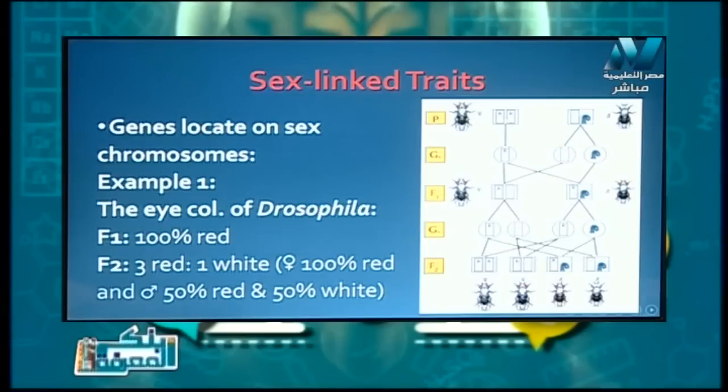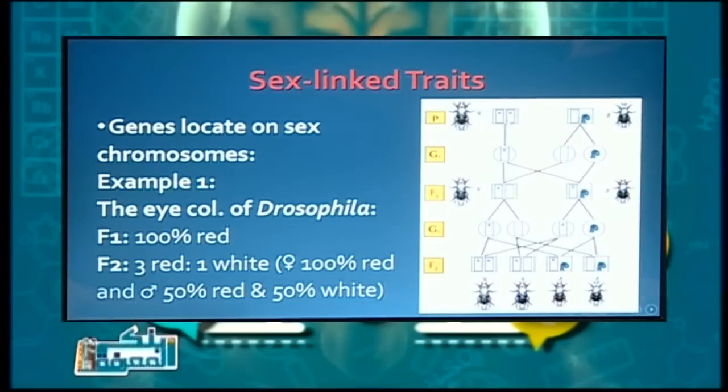The first type is responsible for the sex characteristics, and the other group of genes on the X chromosome are responsible for some of the body characteristics. But the Y chromosome doesn't contain any genes except for sex determination. This is why we put letters on the X chromosomes and not on the Y chromosome.